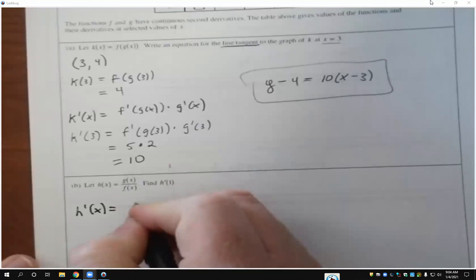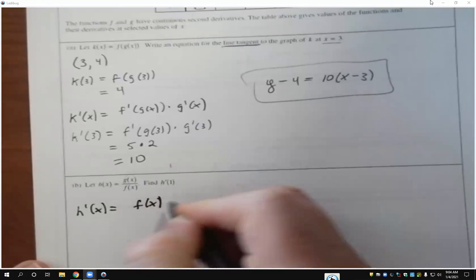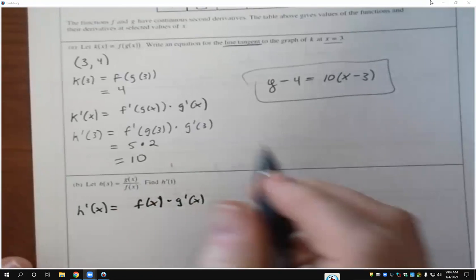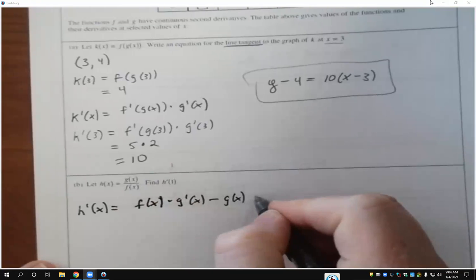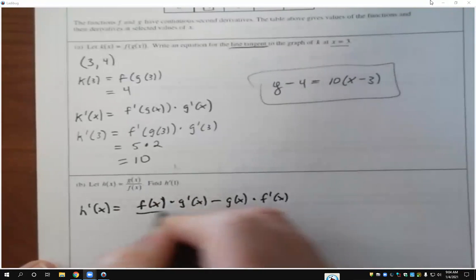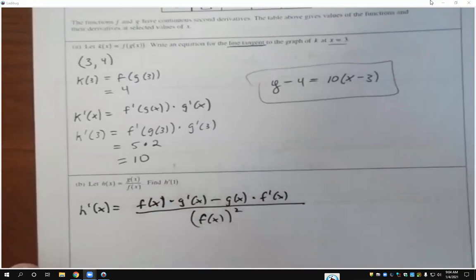Quotient rule is bottom f of x times the derivative of the top, g prime of x, minus top g of x times the derivative of the bottom, f prime of x, over bottom squared.